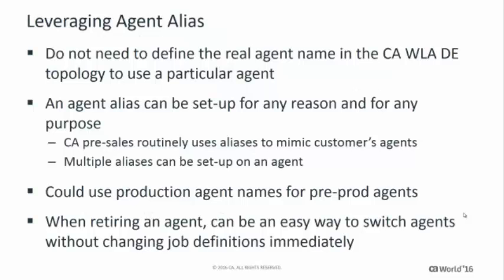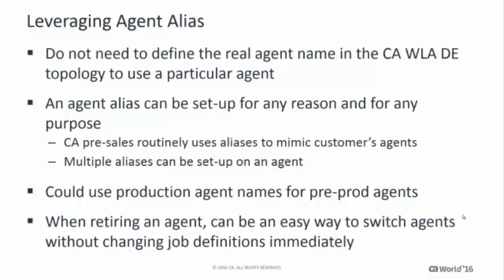The other way is using agent alias. So you don't have to define the real agent name in the DE topology to use a particular agent. You can use what we call the communication alias name for it. So in that way you can mimic really any agent in any environment, and as a matter of fact we really take advantage of this in the pre-sales area within CA.